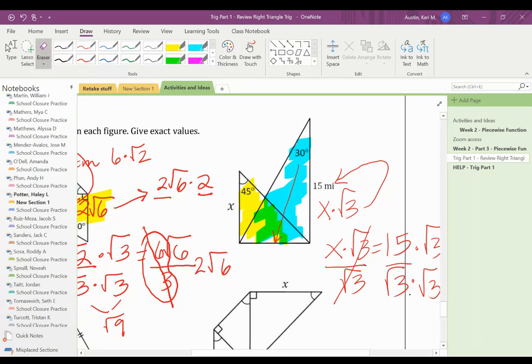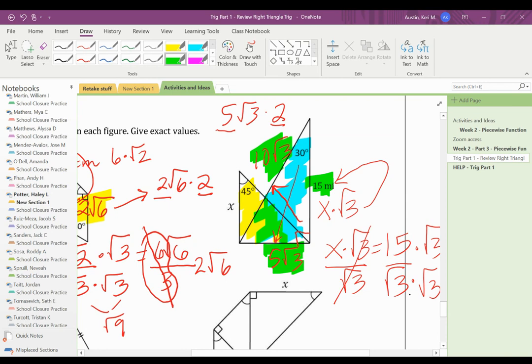And then the hypotenuse, which is right here, is double the short leg. So the short leg is 5 root 3 times 2, number times number, 10 root 3. Let me highlight those. So we've got the short leg and the hypotenuse, and we already knew the long leg.